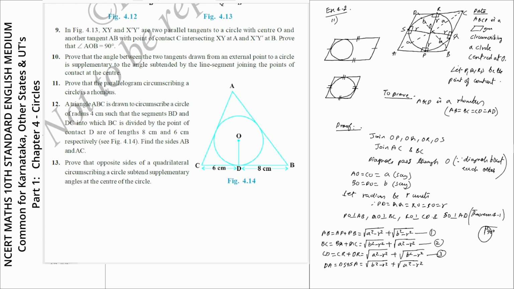Now we can observe that 1 is equal to 2 is equal to 3 is equal to 4. That means all the sides are equal to one another. That is AB is equal to BC is equal to CD is equal to DA. So all the sides are equal in length. Therefore ABCD is a rhombus.